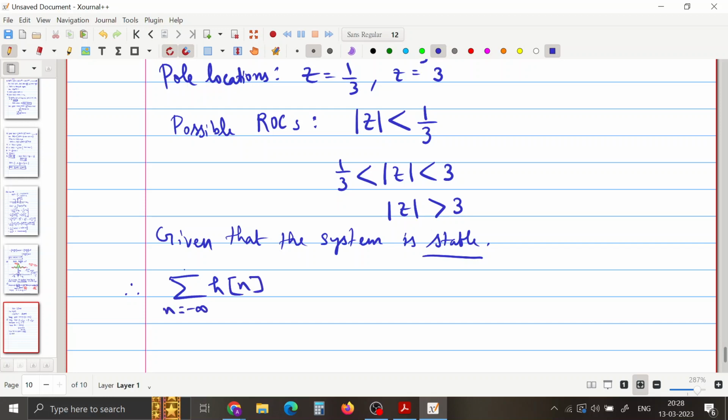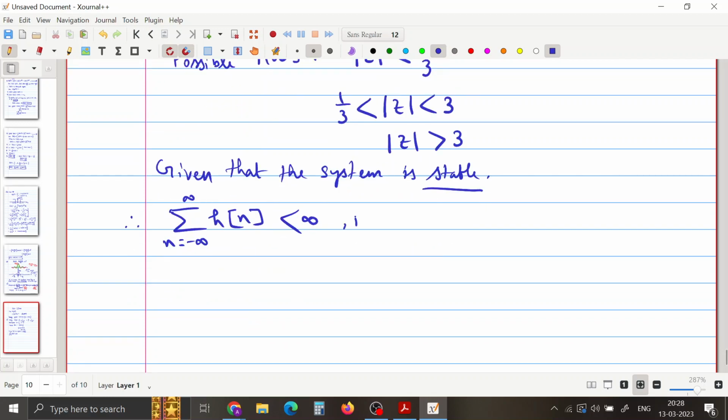So this sum is finite. In words, you can write h of n must be absolutely summable. In the continuous time case, it is absolutely integrable. Here in the discrete time case, it is absolutely summable.